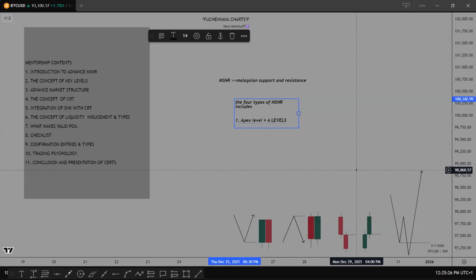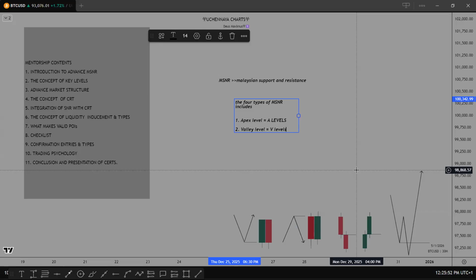And two is the valley level, otherwise called V levels. Okay.